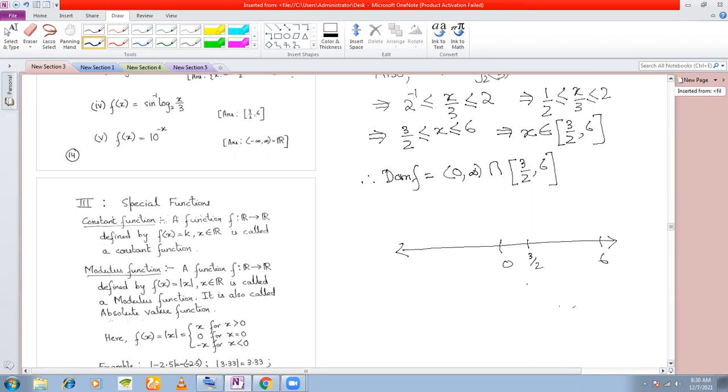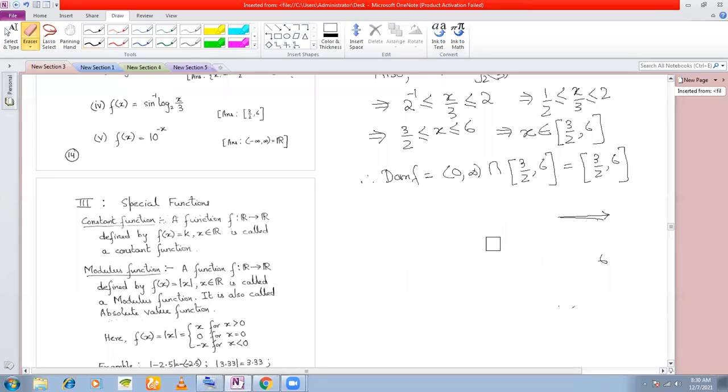Okay, 0 infinity means you're starting from here, moving till infinity, right? 3 by 2, 6 closed interval means 3 by 2 and 6. That means if you take the intersection of these two sets, it must be this part only, right? So therefore, this must be equal to simply 3 by 2, 6. And that is your answer. Okay.